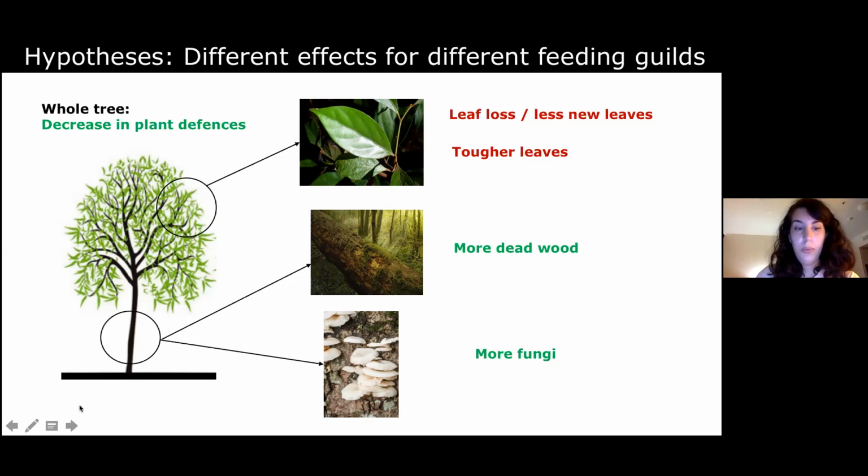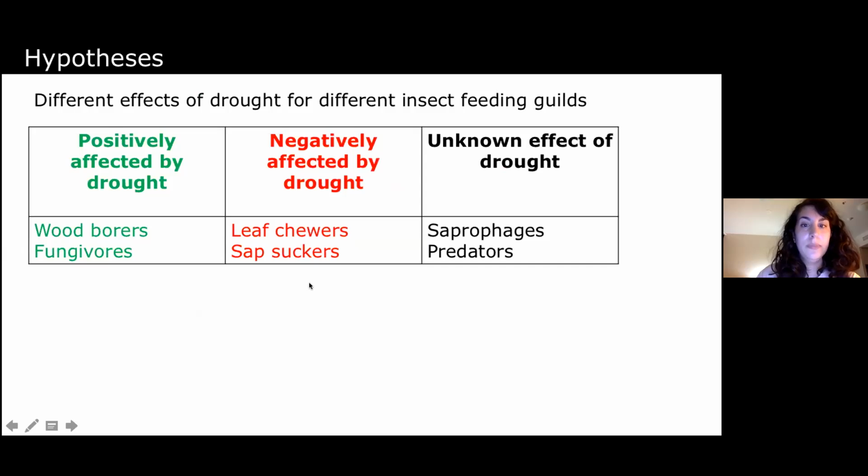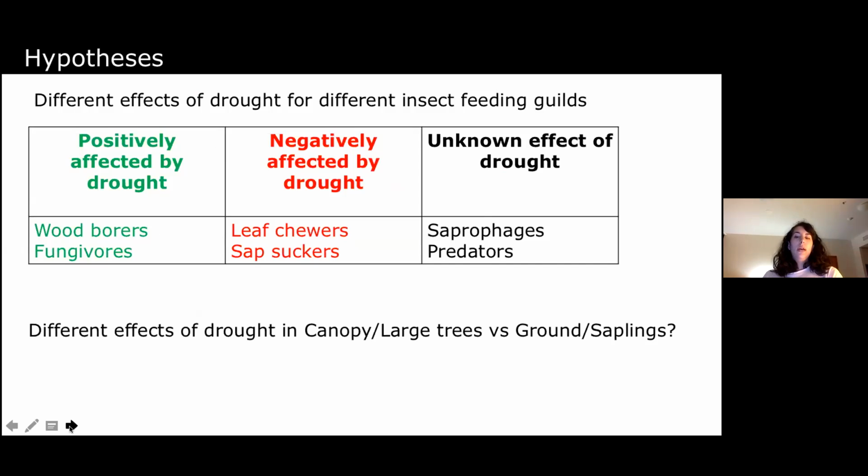So different responses for different feeding guilds. That's a summary of what I was expecting. And then there were also some guilds, like saprophages and predators, where I didn't really know what would happen. And then, as I said previously, I was also expecting different effects of drought in the canopy and on the ground.